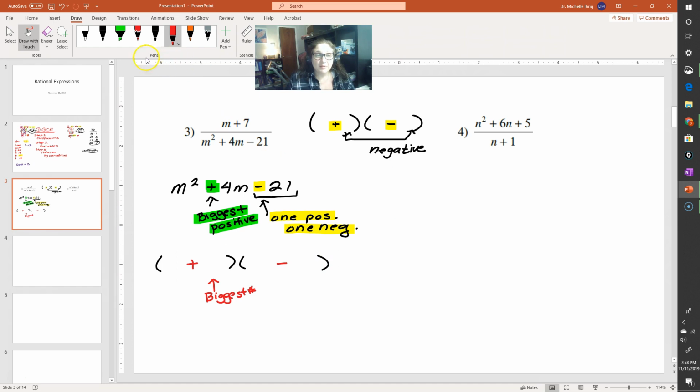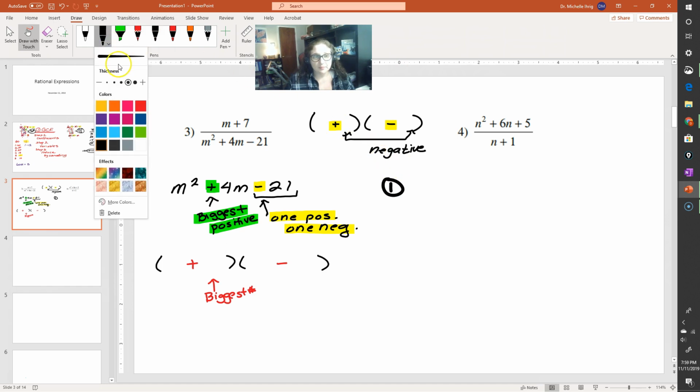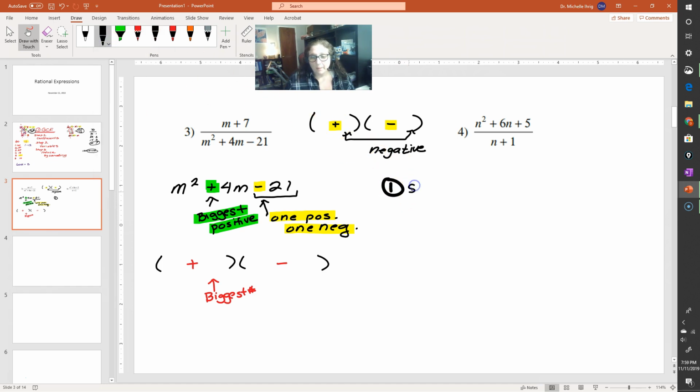Now, next, I'm going to look at my coefficients. So step 1 is to set it up. Step 2, putting your binomials and then putting your signs inside. Step 2 is to look for factors. So here, for 21, I can have 21 and 1, or I can have 7 and 3.